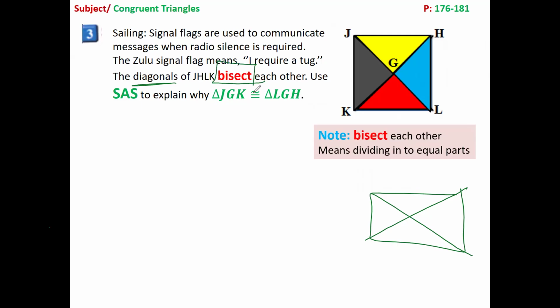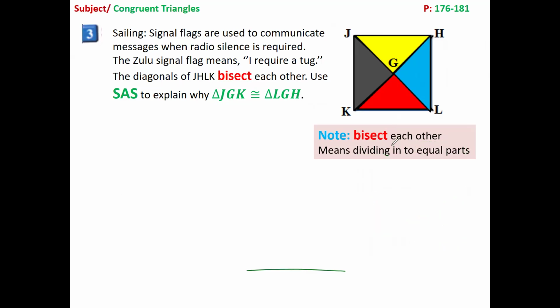So what does bisected mean? Bisected means the two lines that we have cut each other into two equal parts. So this side is equal to this side. If this one is 2, this one also will be 2. If this one is 4, this one also is 4. That's why it's called bisected. That's the real meaning of bisected.